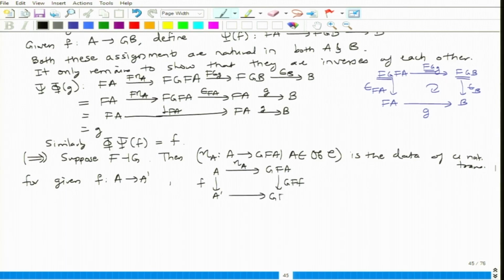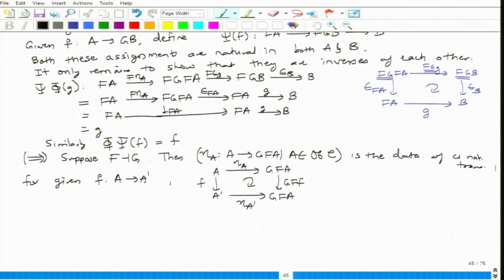What is the morphism here? Tell me at the bottom. Eta A prime, correct. So this diagram commutes. Why? Because this is a natural transformation.